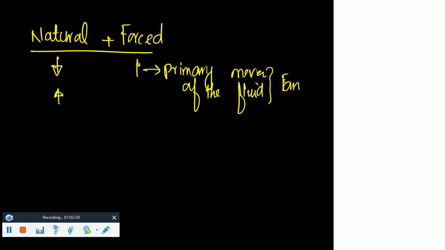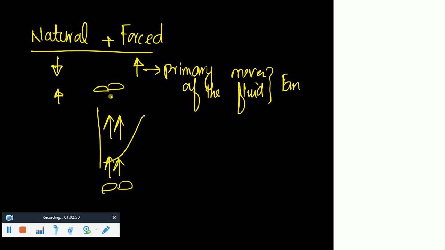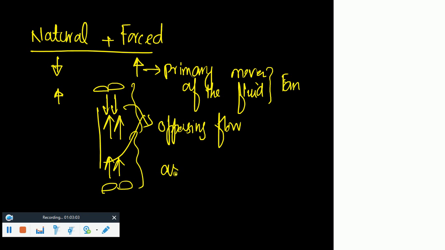So it should also give the assistive flow to the natural convection flow. For example, if natural convection flow is going up, you should install a fan over there so that it can send the air in the upper direction. If you install a fan the other way, what would it do? So this configuration would be what? Opposing flow. And this configuration would be what? Assistive flow.